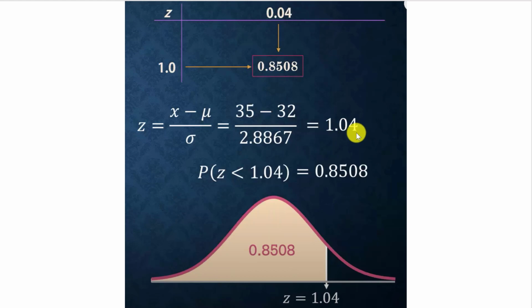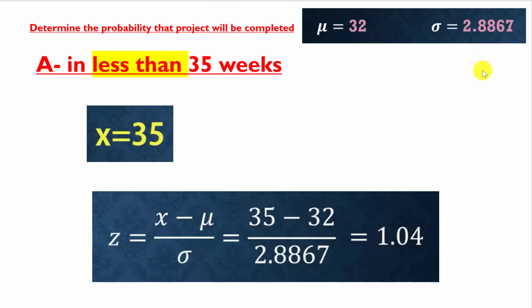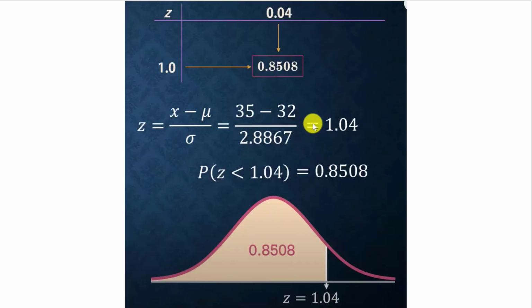So the probability when z equals 1.04 equals 0.8508. What does this mean? This means that the probability that the project will be completed in less than 35 weeks equals 0.8508.